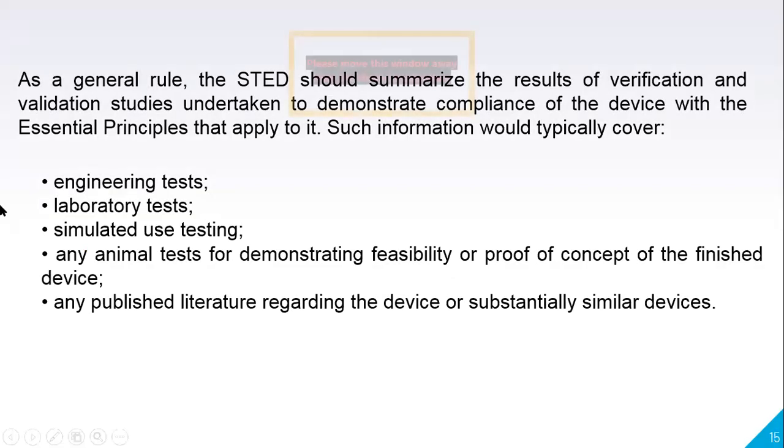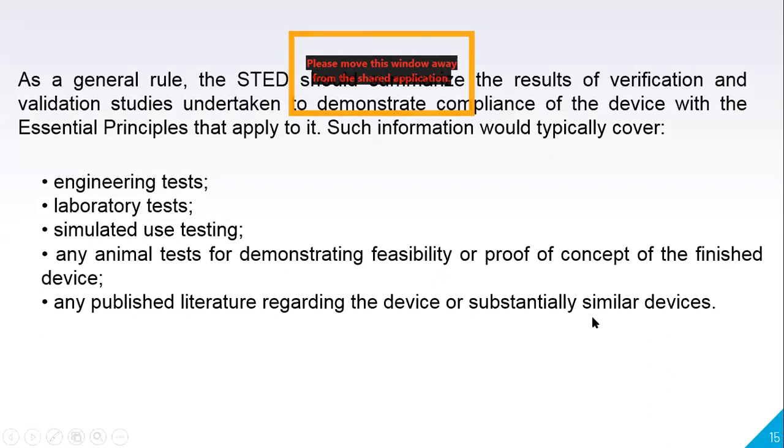So what are the different validation procedures? See, engineering test, laboratory test, simulated use testing, any animal testing for demonstrating the feasibility or proof of concept of the finished device, and any published literature regarding the device or similar devices.